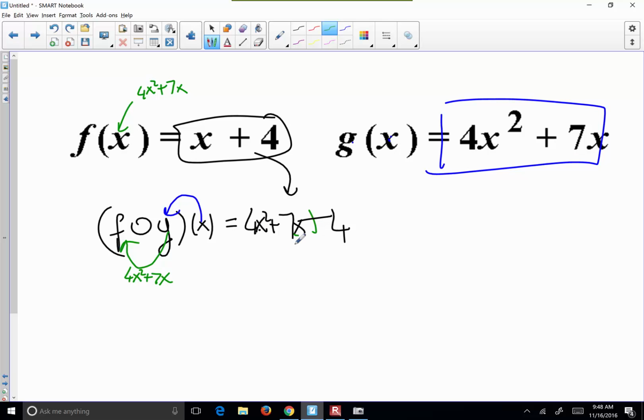So the answer is 4x squared plus 7x plus 4. Just basic replacement. If x is replaced by something more complicated, each and every x on the right side must be replaced as well. Okay.